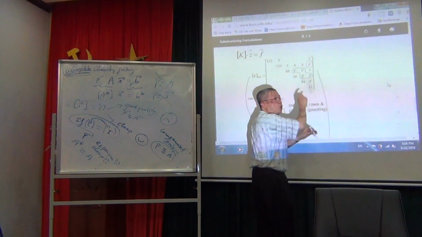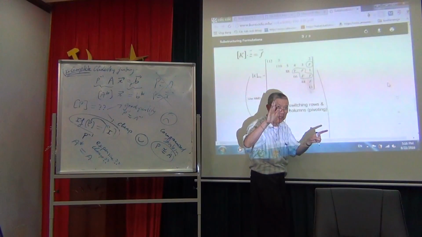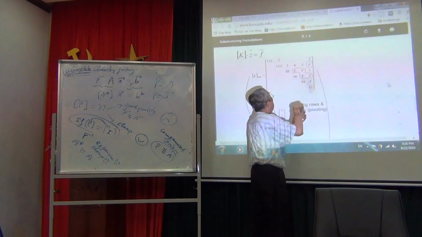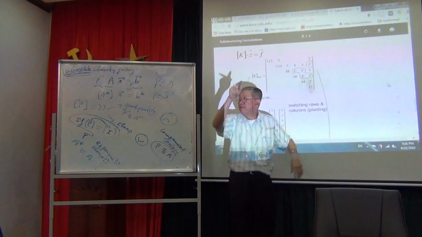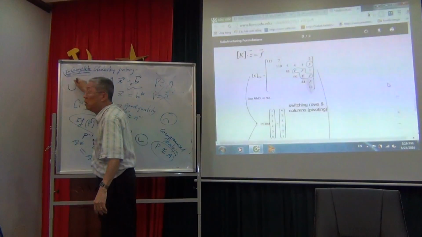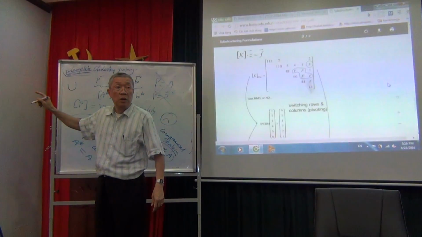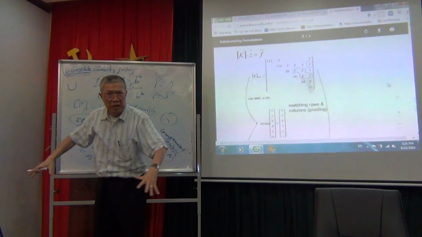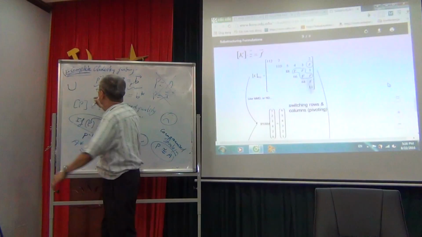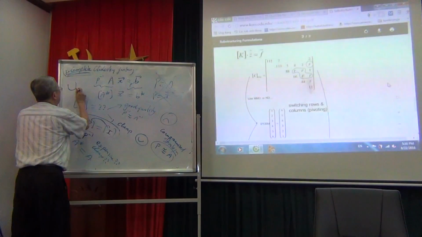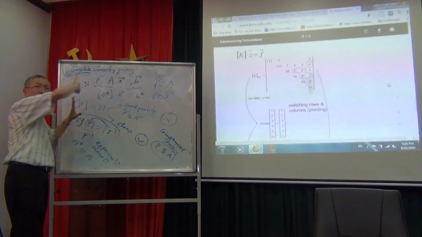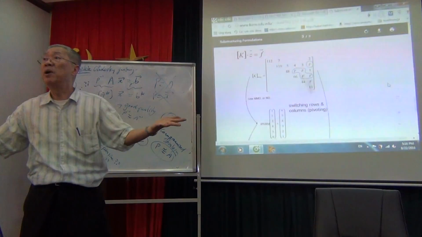Now, let me go back to ask you one more question. Suppose you want to do the so-called complete Cholesky. Do you have any problem to find out the factorized matrix U? If you want to do complete Cholesky, 100% Cholesky, do you have any problem to find out Uij? No problem, right?